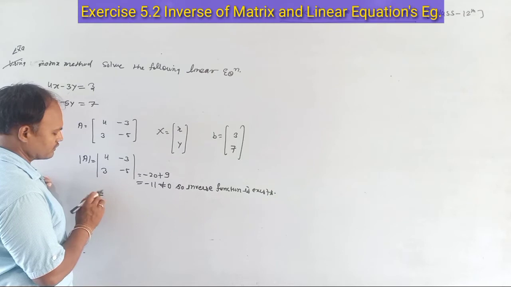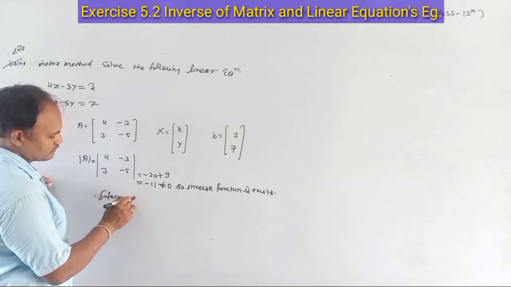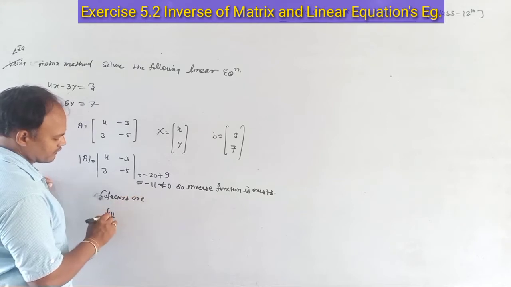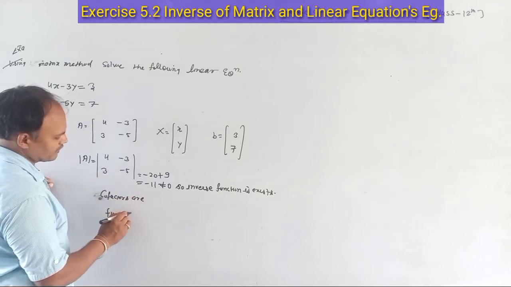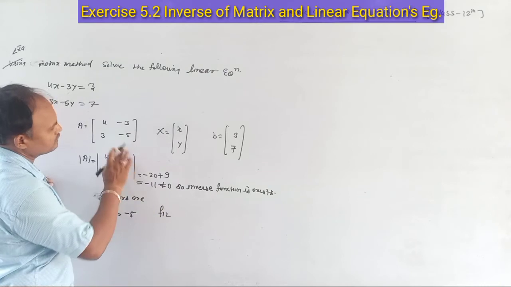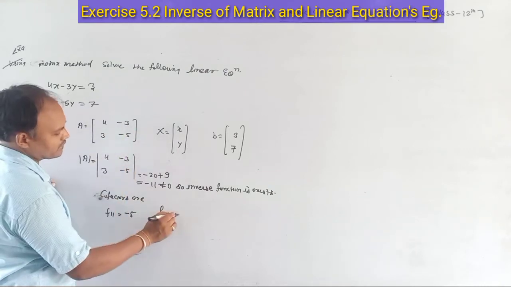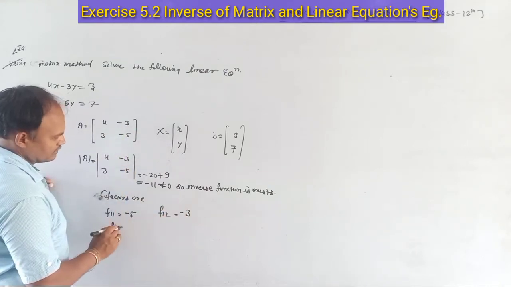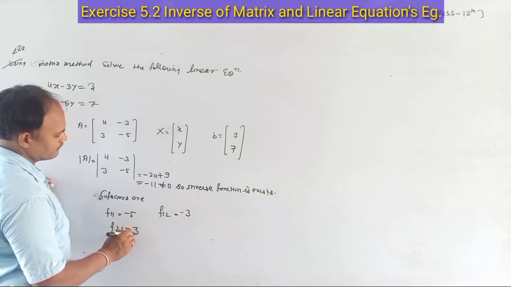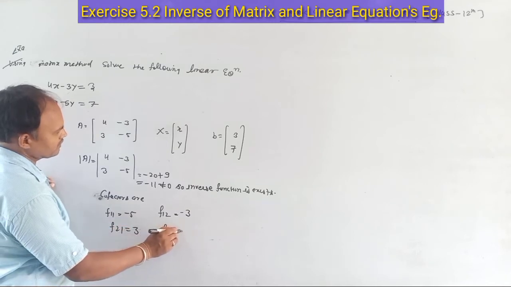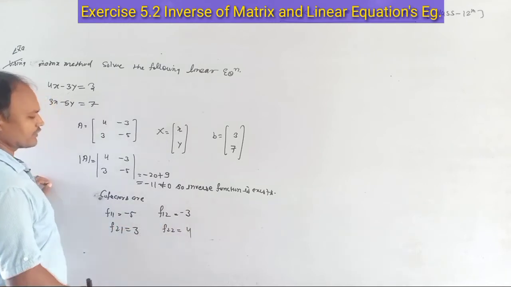Now we are going to find cofactors. Cofactors are f11 is minus 5, f12 is minus 3, f21 is 3, f22 is 4. So these are the cofactors.